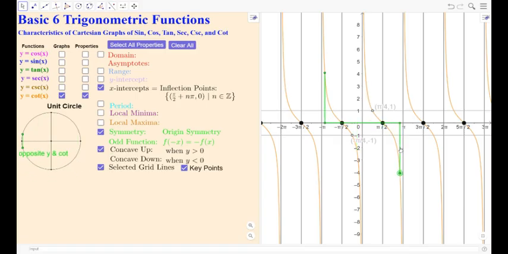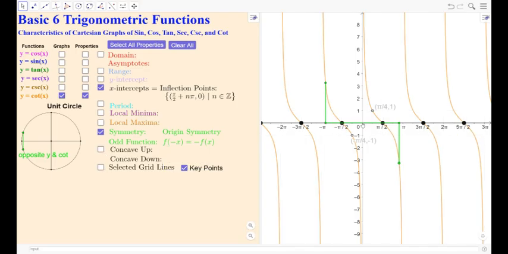When the cotangent of x is negative, cotangent of minus x is positive. So f of opposite of x is the opposite of f of x. That makes it an odd function, and that has origin symmetry. So if we take this and spin it around y equals x, this part here is going to rotate around and land on this part here, and this part's going to rotate around and land on that.